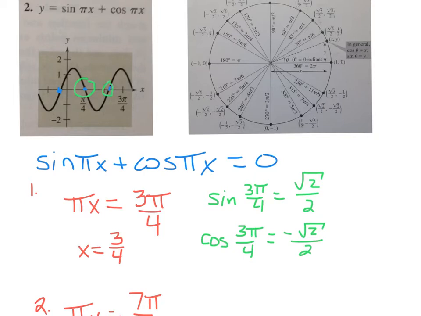And so the only other one is this one in the negative direction. So we would have to go in the negative direction from our initial starting spot here to here. And so that would be negative pi over 4.